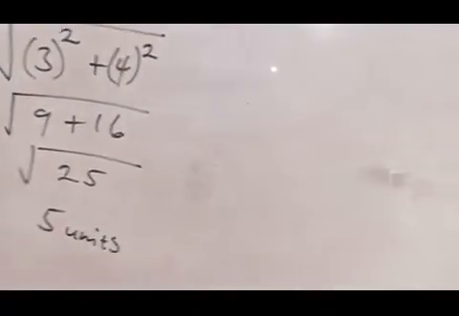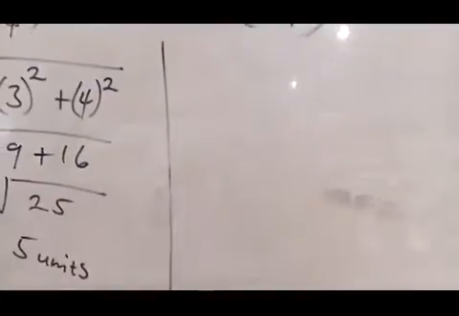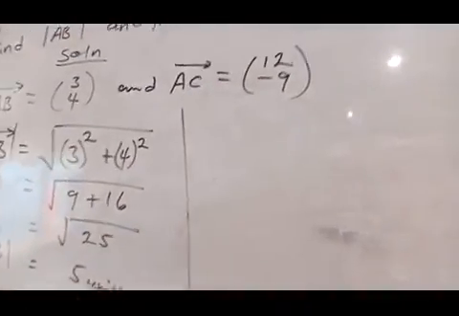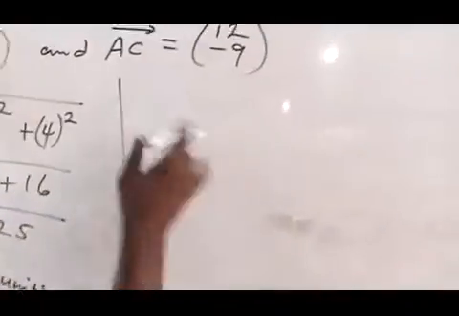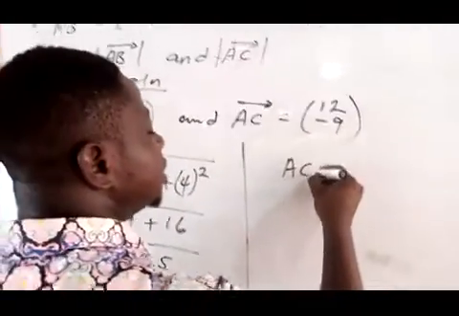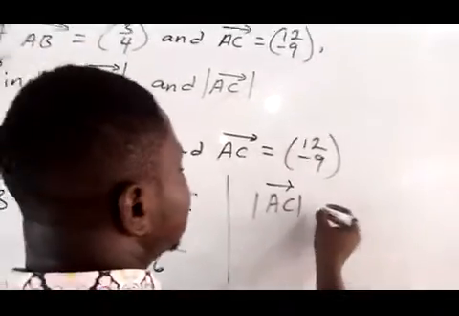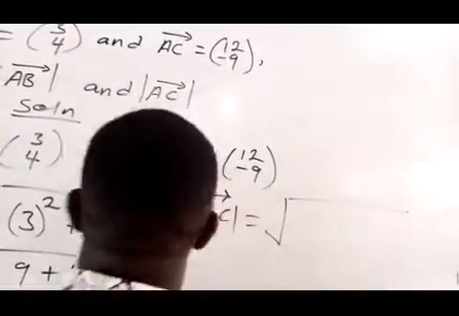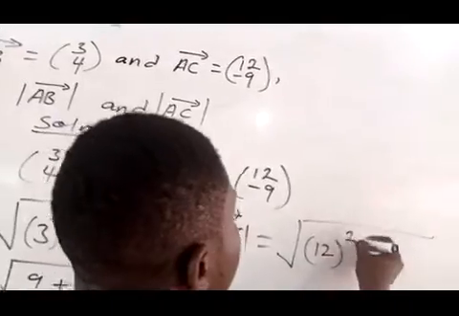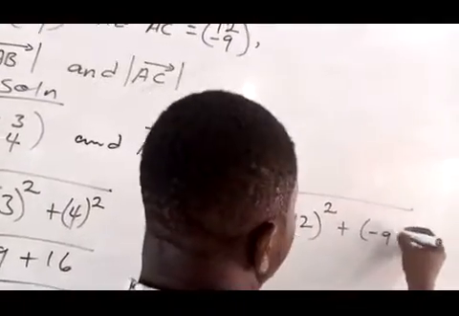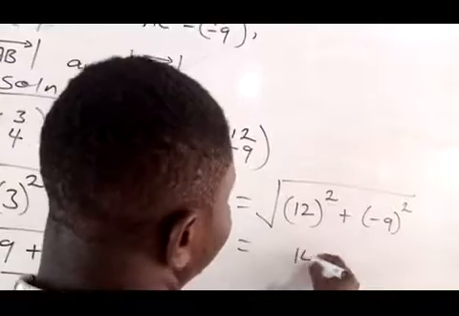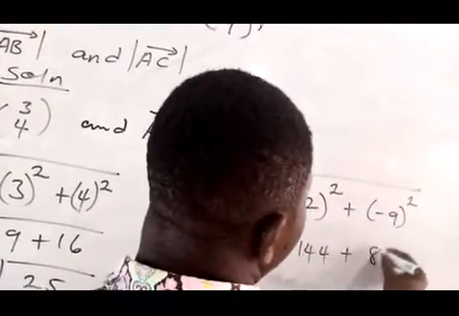So you are going to solve the AC. Okay, I will solve the AC and then I'll give you one to do on your own. So then we have the length of vector AC. It is going to be the square root of 12 squared plus minus 9 squared. Now 12 squared is 144, 9 squared is 81.